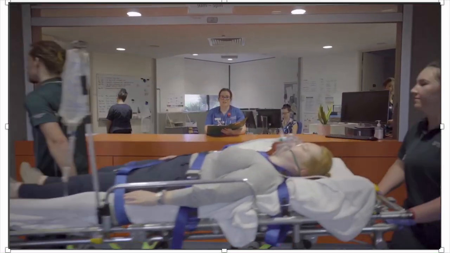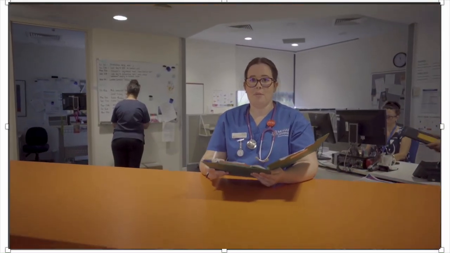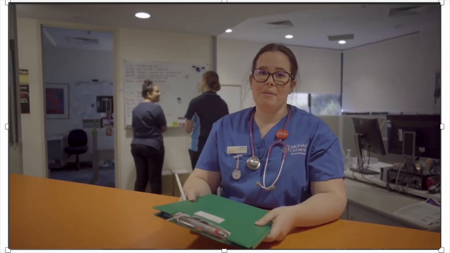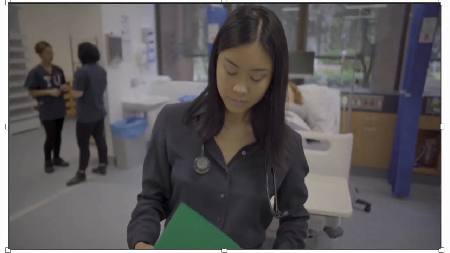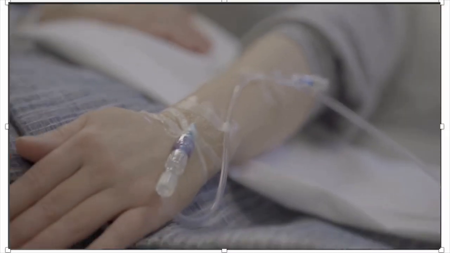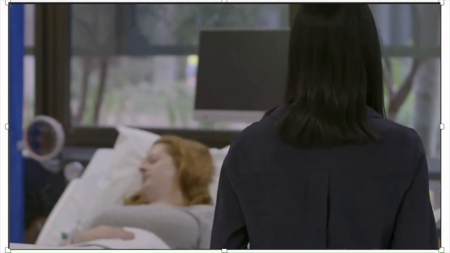As a triage nurse, we assess you and prioritise your care in an emergency. We can start your treatment and make sure you're seen by the right people for your needs. Every day is different for doctors working in the emergency department. We find out what's wrong, find the best treatment for you, and coordinate your care with the rest of the team.